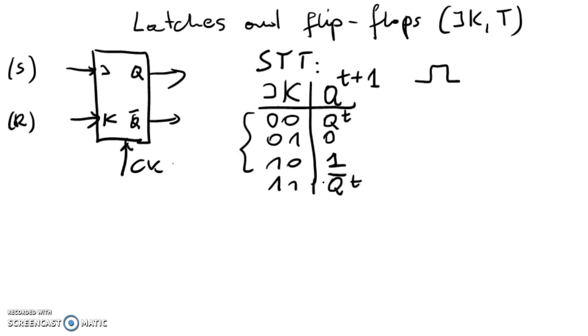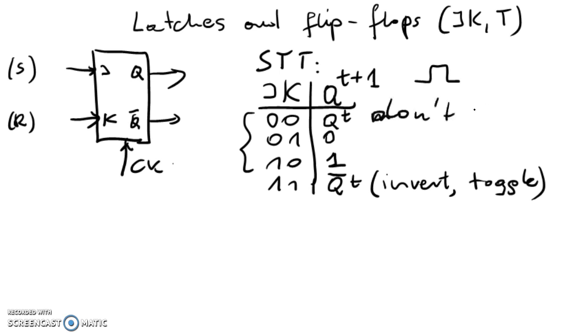So if you have 1, you will get 0 and the opposite. And this operation is called invert or toggle. And this is similar as in the case of SR: don't change command, reset command, set command.